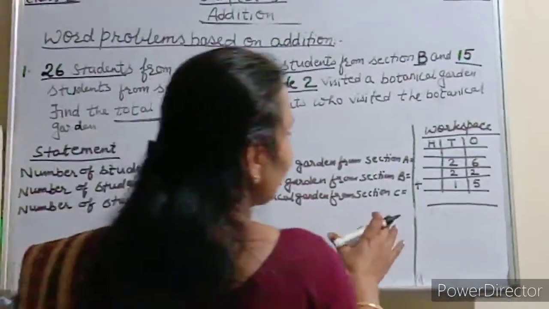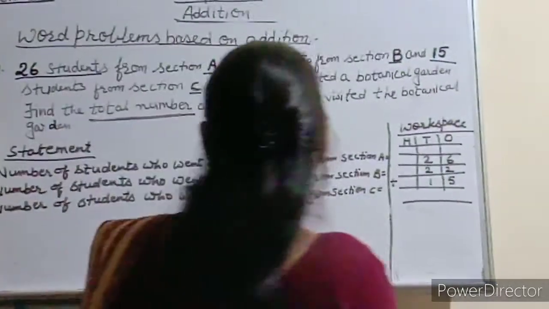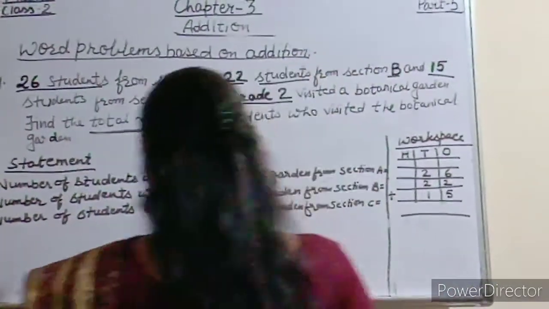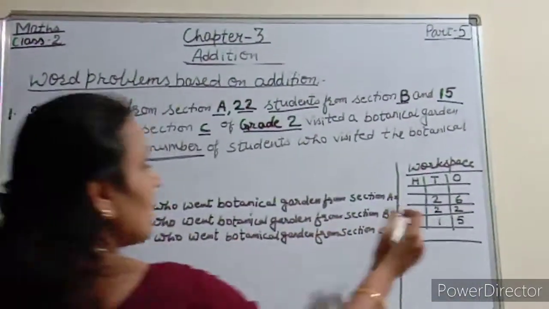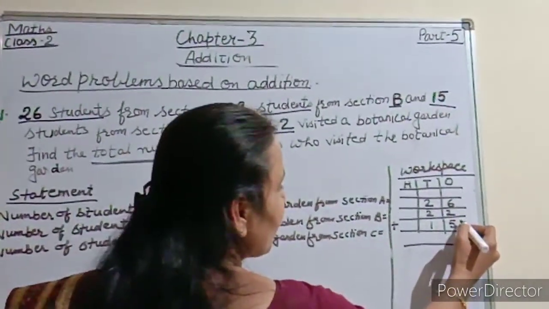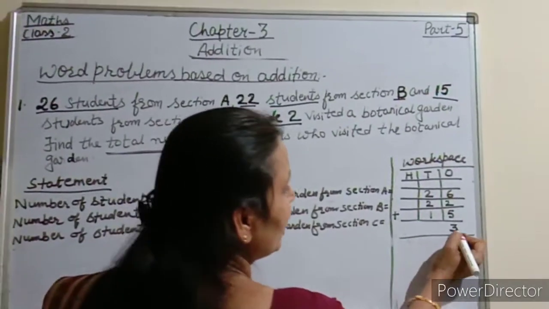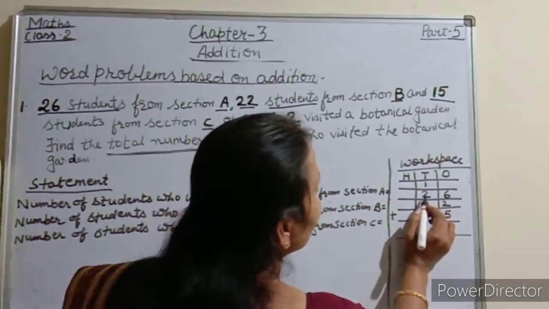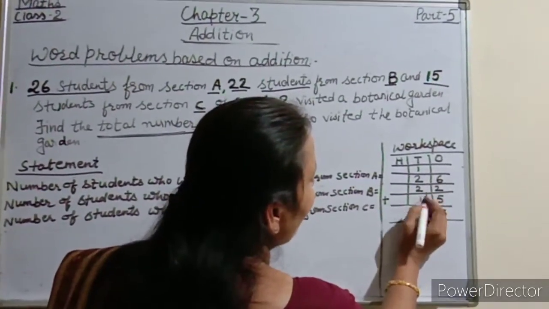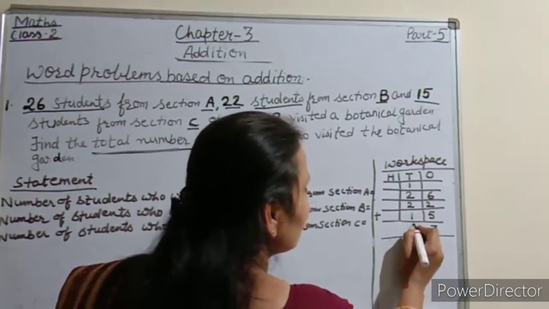So for this what we have to do? We have to add these numbers. So start adding, students. So first now 6 plus 2, 8. 8 plus 5, 13. So here we will write 3, carry 1. See, 2 plus 2, 4. 4 and 1, 5. And 1 carry over, 6.